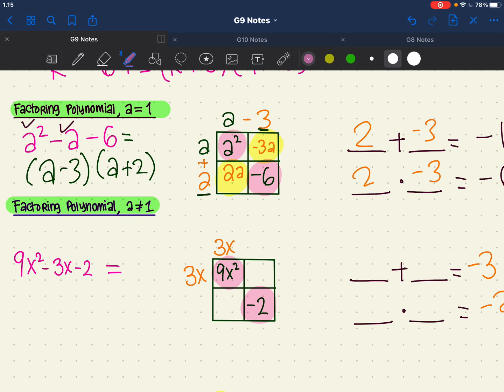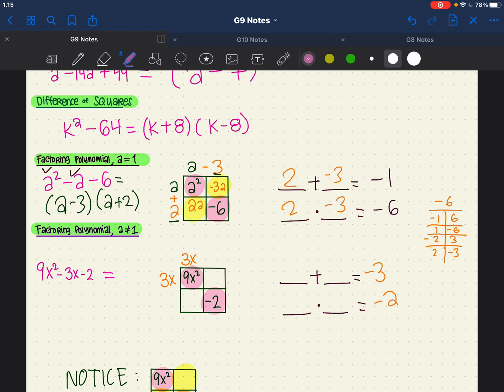So 9x squared times -2 is -18x squared. So in other words, -6a squared was this, right? We're going to multiply the yellow terms to equal the pink terms multiplied together.